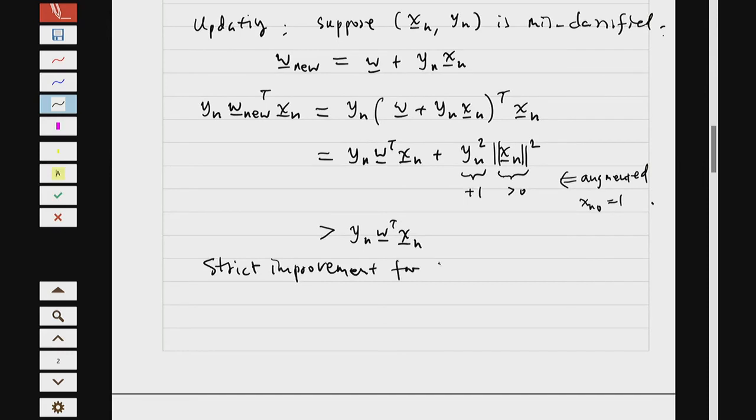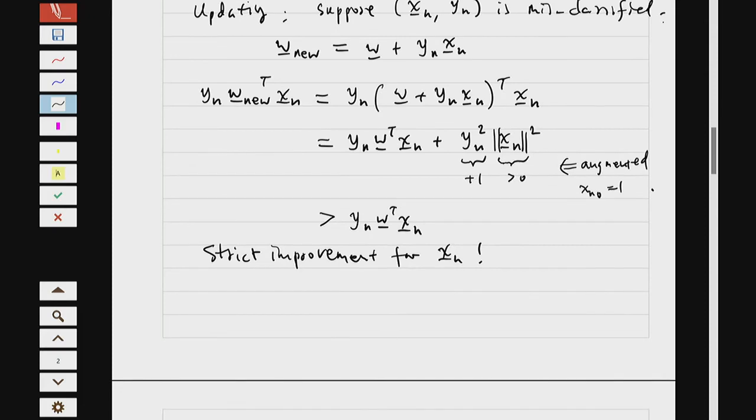It's a strict improvement for this point, xn. In a way, that explains why we do what we do in the perceptron learning algorithm. Is everyone convinced that we make a strict improvement every time? Now, there's a caveat here.